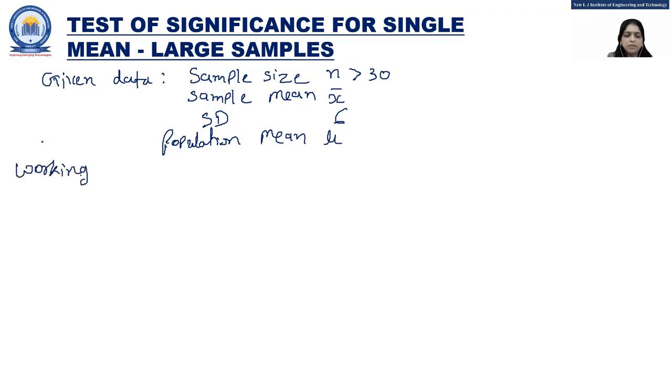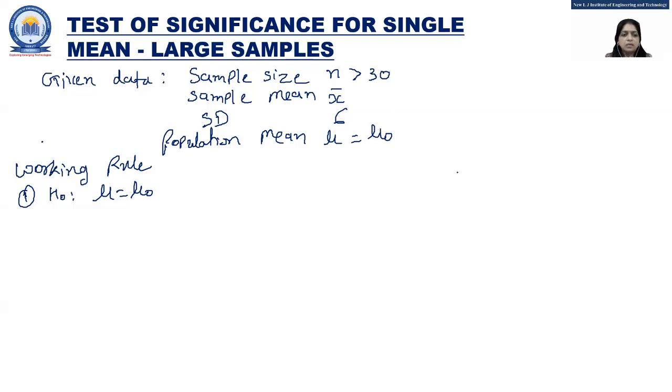From the given data, we can recognize the given example of the method of single mean of large sample. Working rule are: number one, null hypothesis, that is always mu equal to mu zero. Mu zero is specific value which is already given in the data.